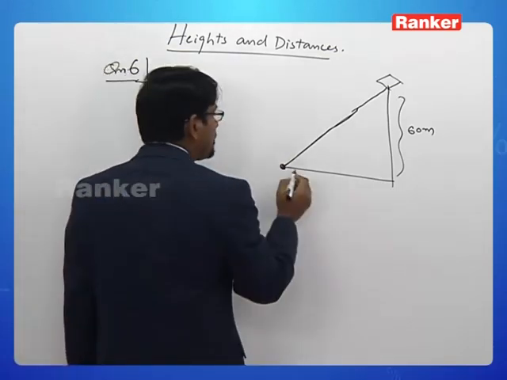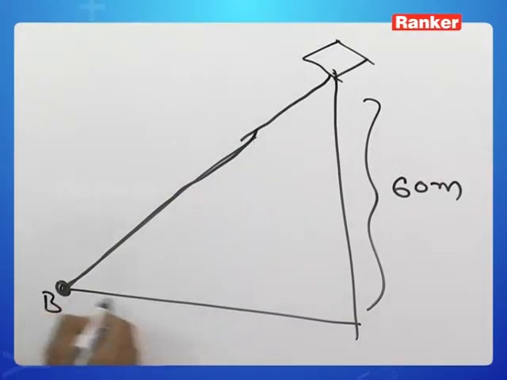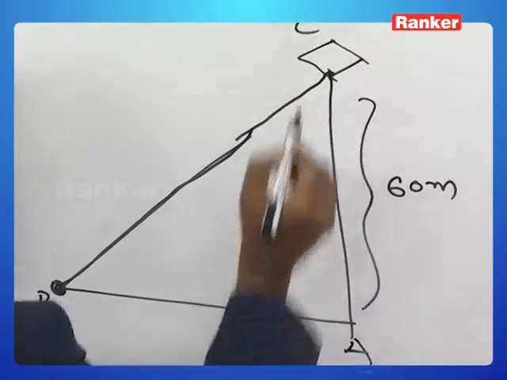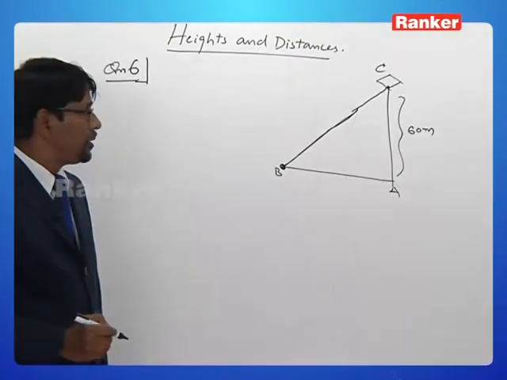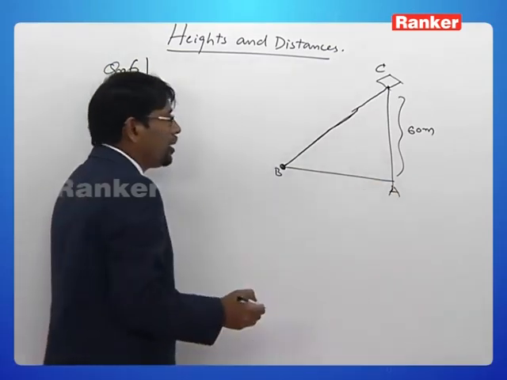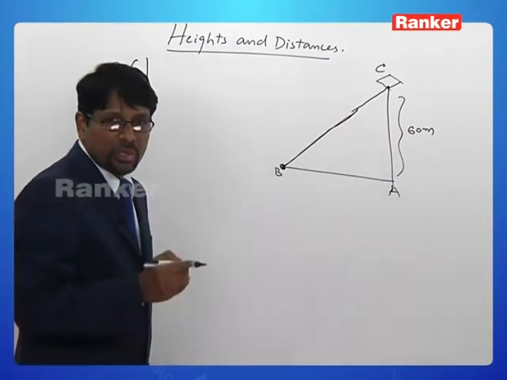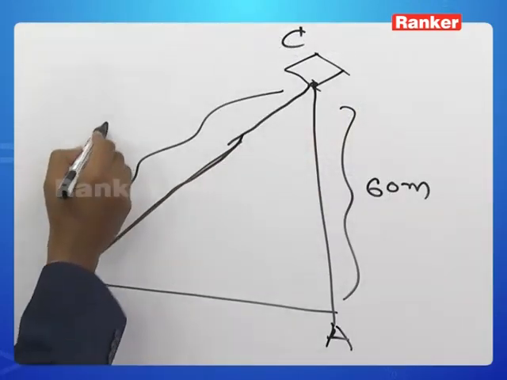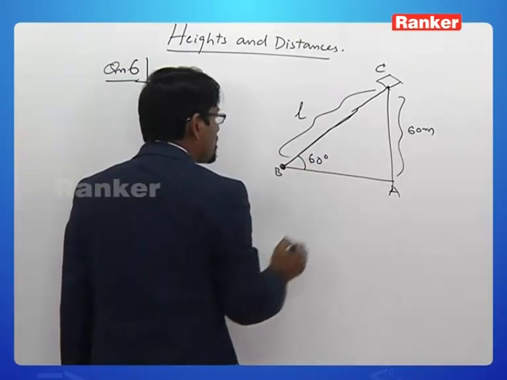Let us say, let's call this point B, this is A, and the point C here. Height of the kite from B is AC. Now we are asked to find the length of the string, L, and this angle is 60 degrees.